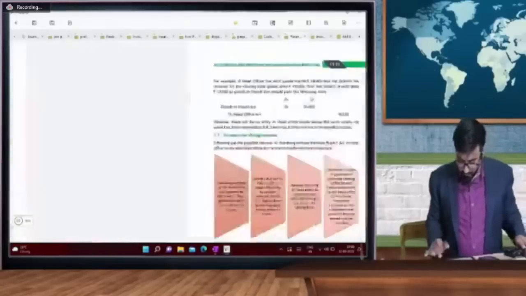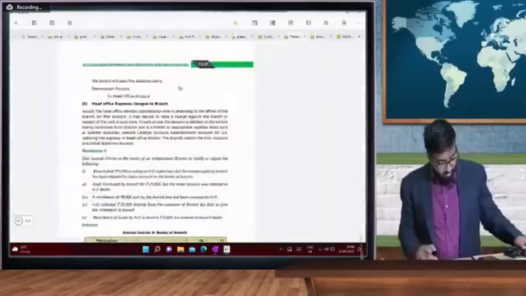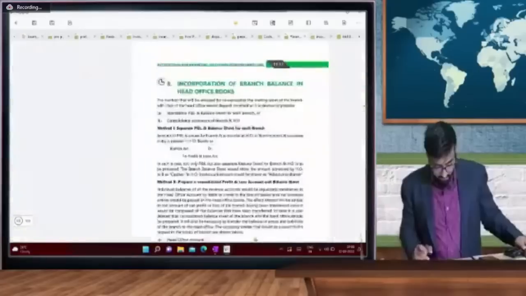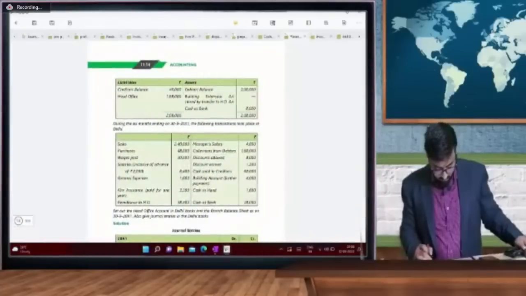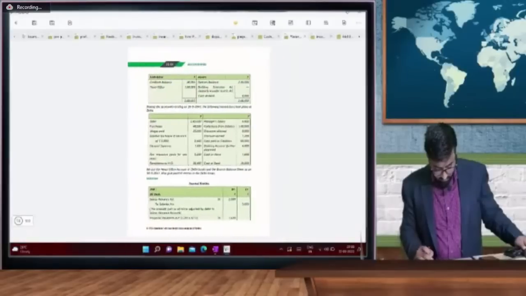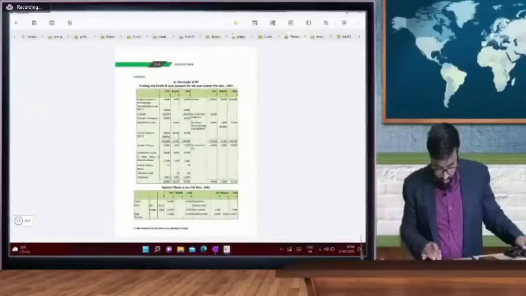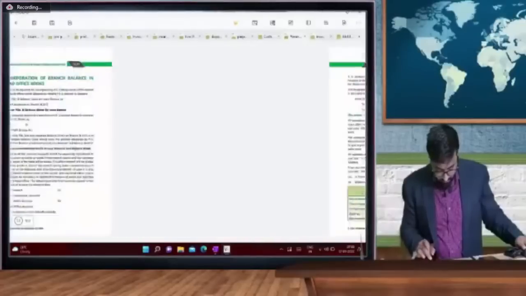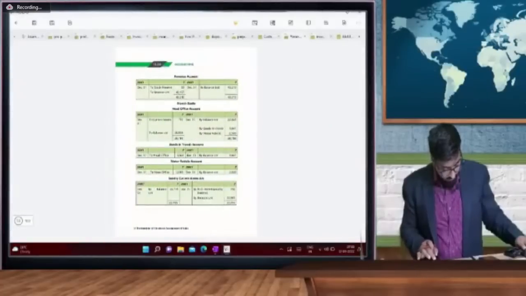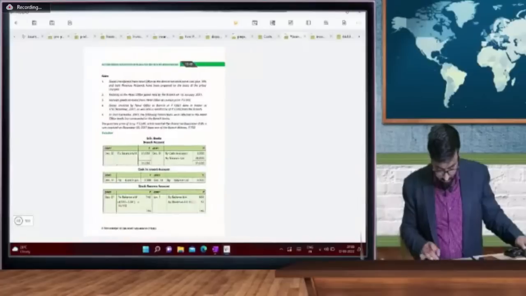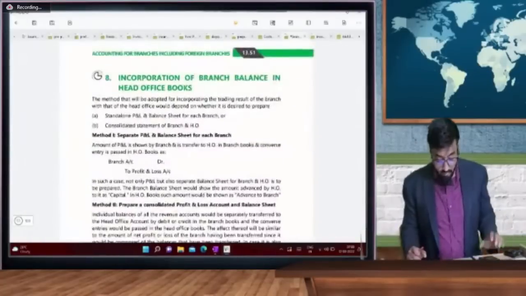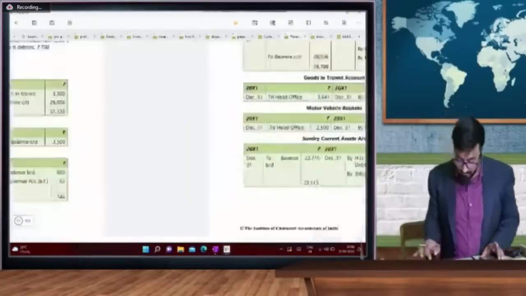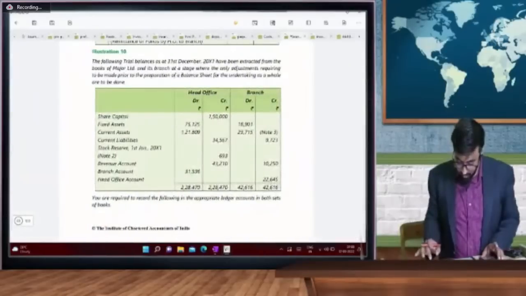Let's move to the next concept. Illustration number we have finished with. I think we finished with Illustration 8? Which one was completed? Illustration 10 we have done.